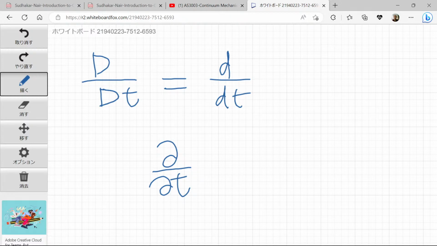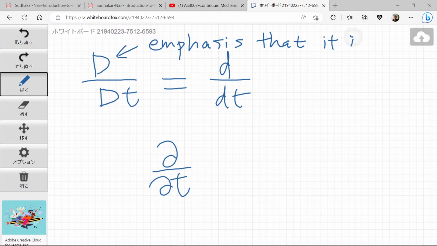I don't see any official explanation in the textbook. But according to my friend, this is just emphasis that it is the total derivative.